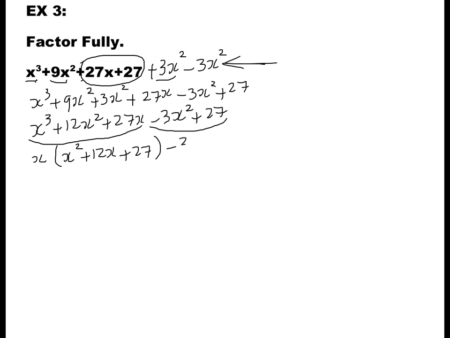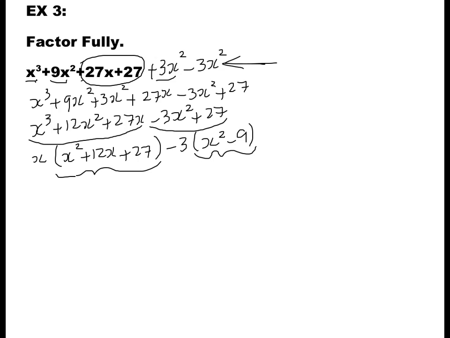So I'm going to have negative 3 times x squared minus 9. Now, in this bracket the leading coefficient is 1, so hopefully I can use the sum product method. And here, again the leading coefficient is 1, so I can use the sum product method.